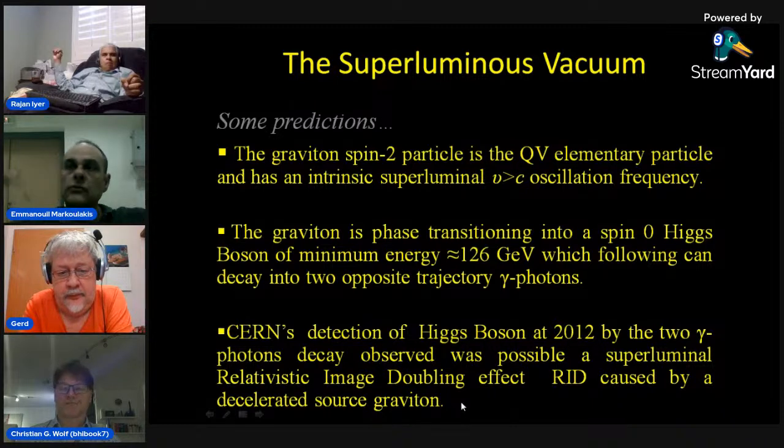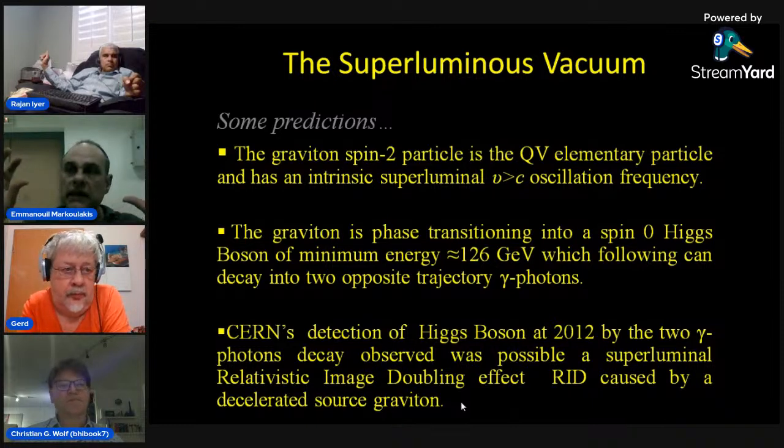So the graviton, due to the impact of the two matter beams, was for a moment decelerated, lost its angular frequency, and made the Higgs boson imprint, which is a static imprint. That's why the standard model says that the Higgs boson is the only scalar particle in the table of the elemental particles, which is actually also supported by my research here.